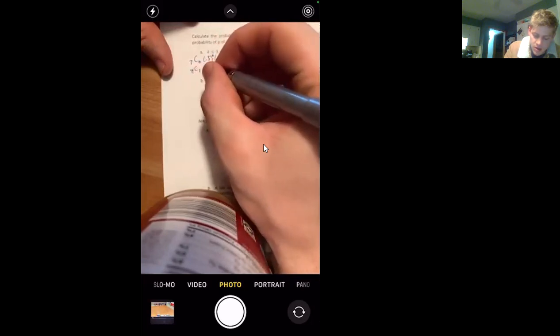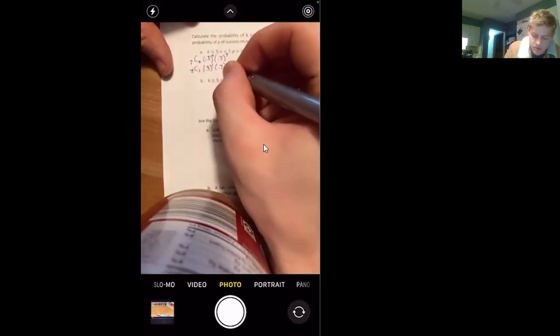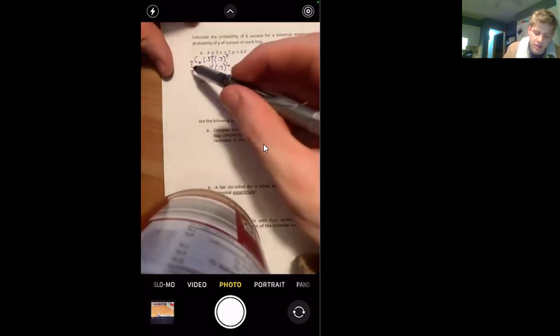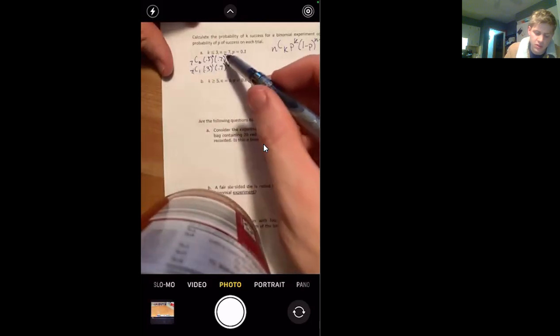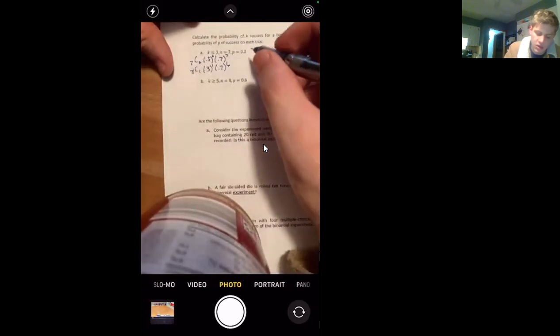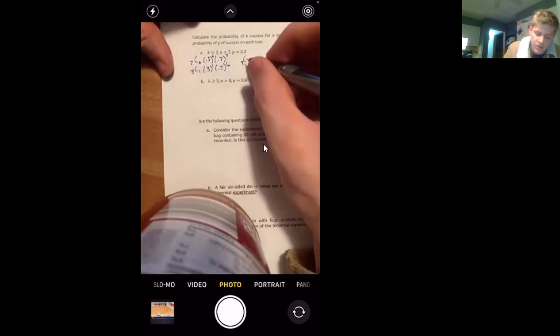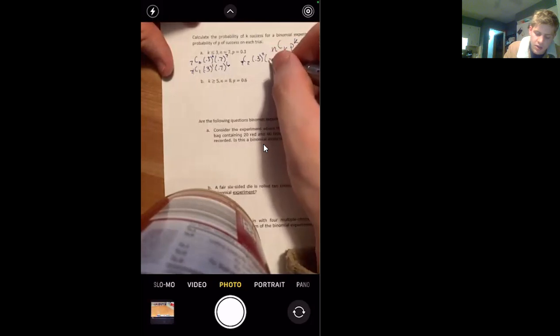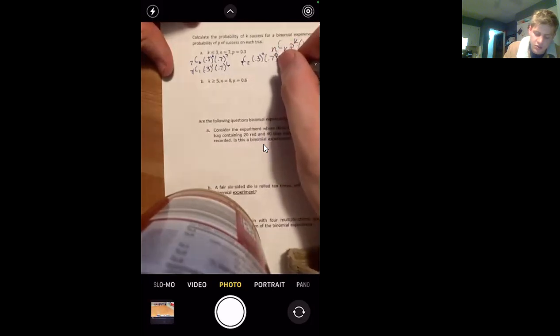7 choose 1, 0.3 to the 1st power, then 0.7 to the 6th power. These exponents should always add up to your total. So 6 plus 1 equals 7, 7 plus 0 equals 7. We're good there. Then we got 7 choose 2, and then 0.3 to the 2nd power, and then 0.7 to the 5th power.